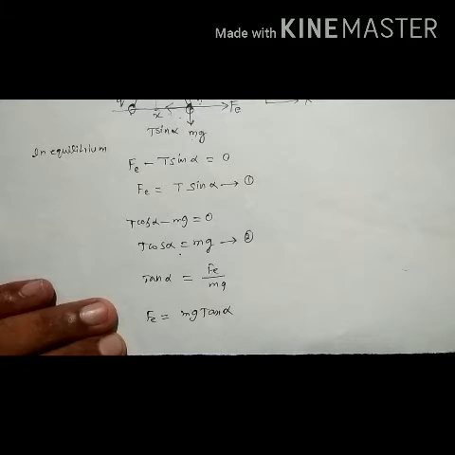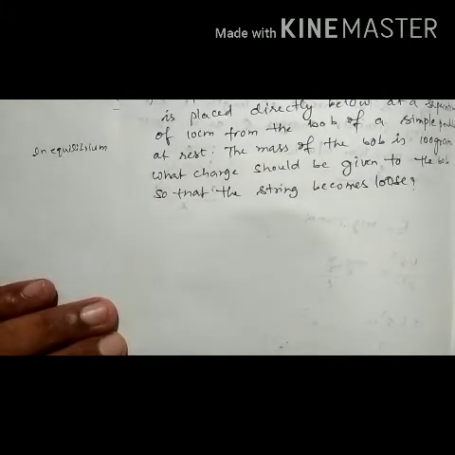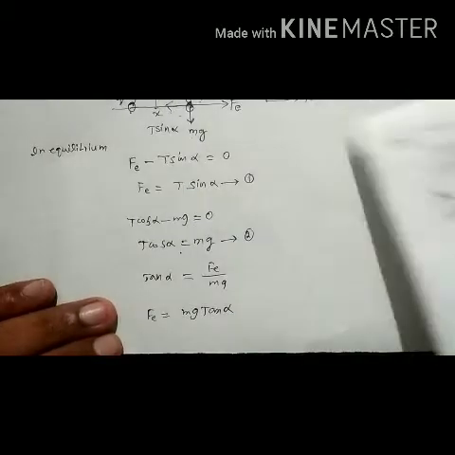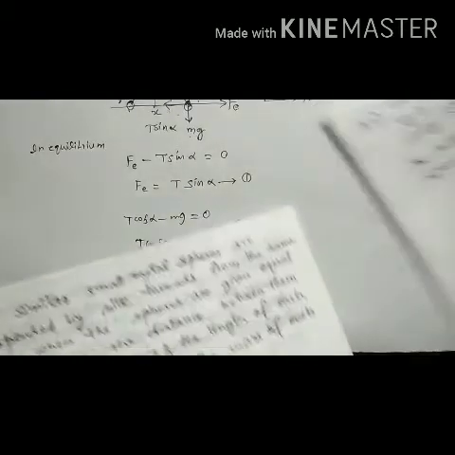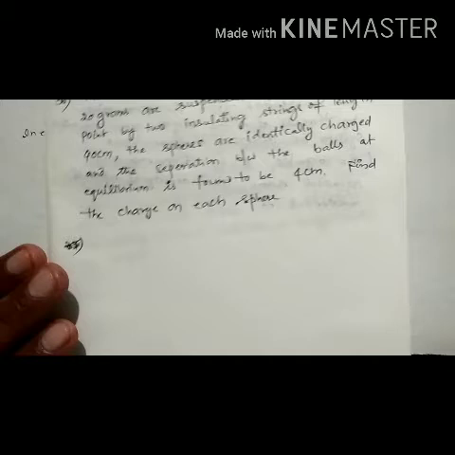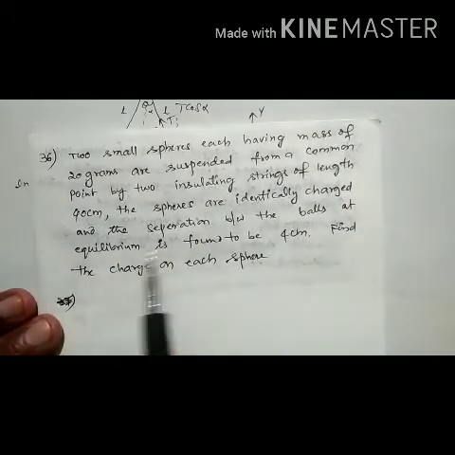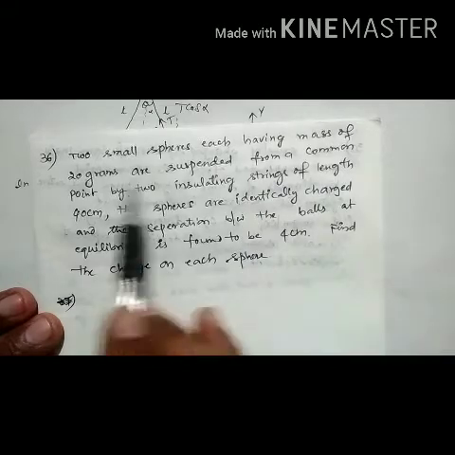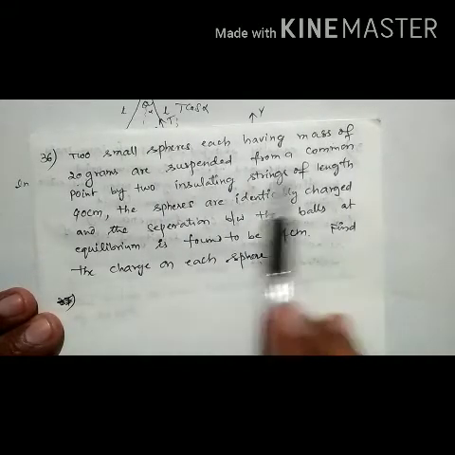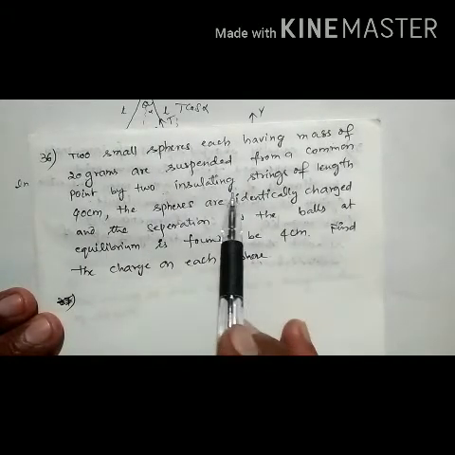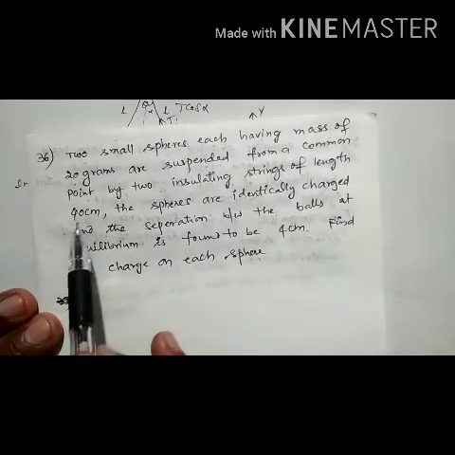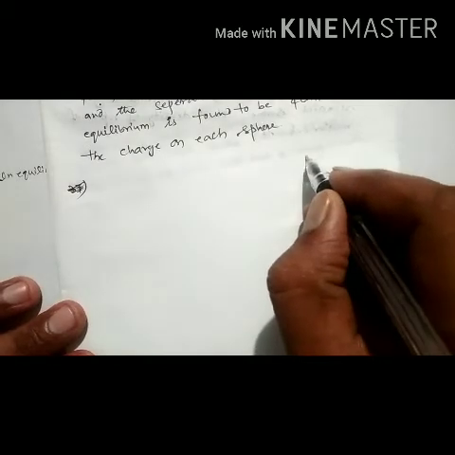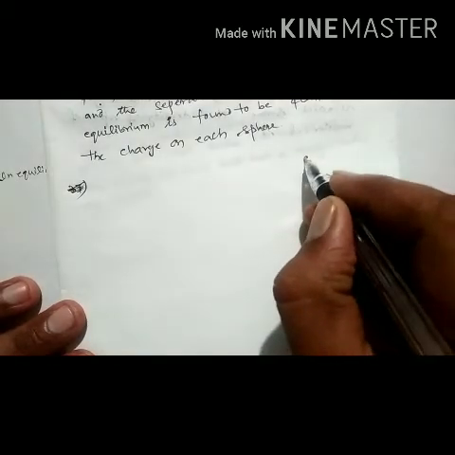Next, an important problem. I want to show you the 36th problem. Two small spheres, each having a mass of 20 grams, are suspended from a common point by two insulating strings of length 40 centimeters. It is the same setup we considered, so I will draw the diagram.